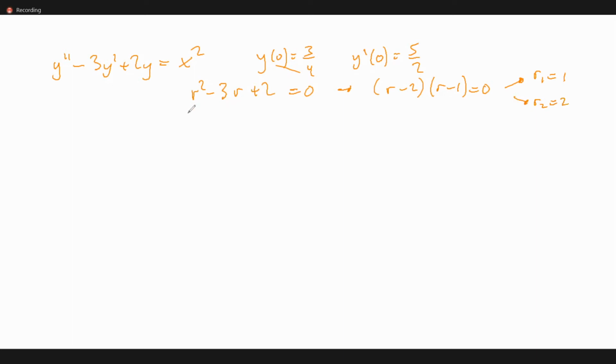So the complementary function, which is part of the general solution, is C1 e to the power of x plus C2 e to the power of 2x.